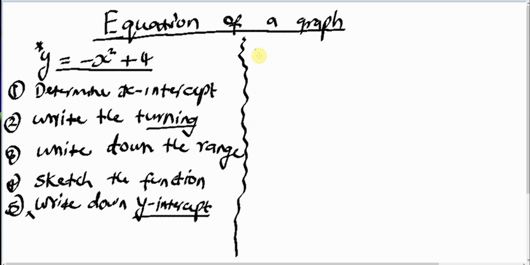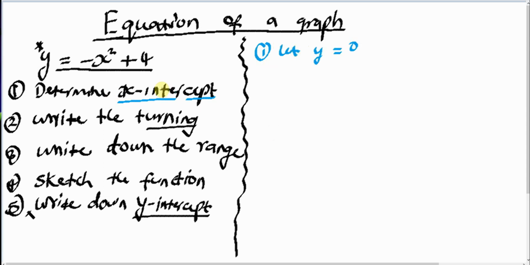So let's say for the first part, I need to get the x-intercept of the graph. One thing about parabola is that you need to be able to know how to solve for x whenever you work with parabola function, like your quadratic, like difference of two squares at most. That is what you need to know. So remember, when we determine x-intercept, we let y to be 0.